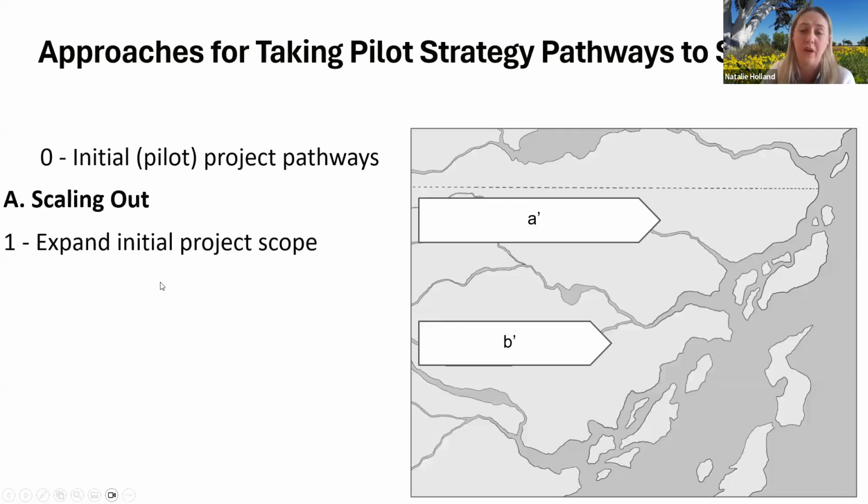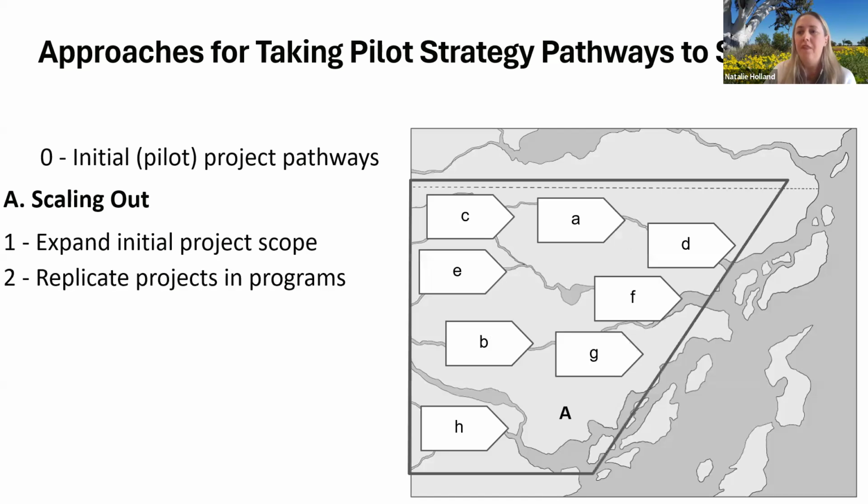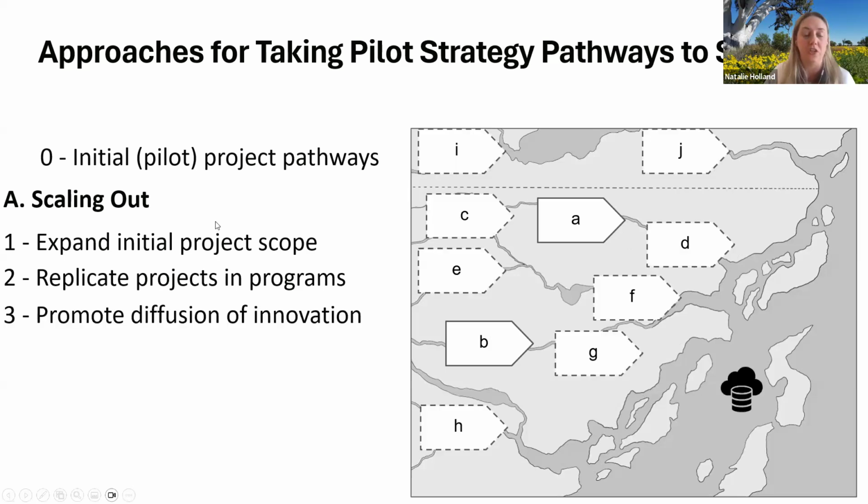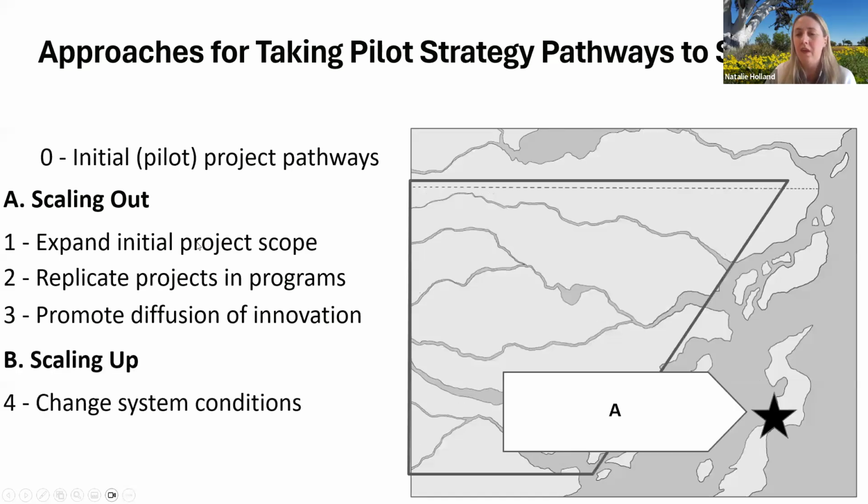The pathways identified were, potentially, scaling out, so expanding the initial project scope; then replicating projects across programs, which is another mechanism of getting to scale; and promoting diffusion of innovation in different places as another mechanism for getting to scale. And then there was scaling up, so changing the system conditions for everywhere we work.